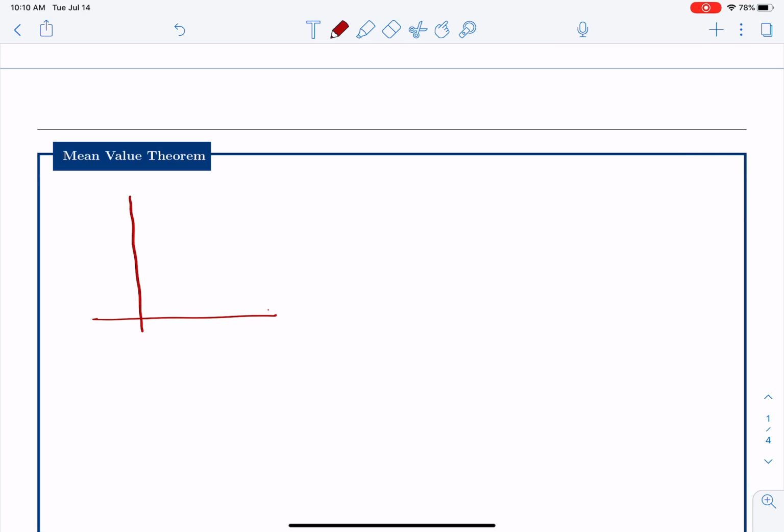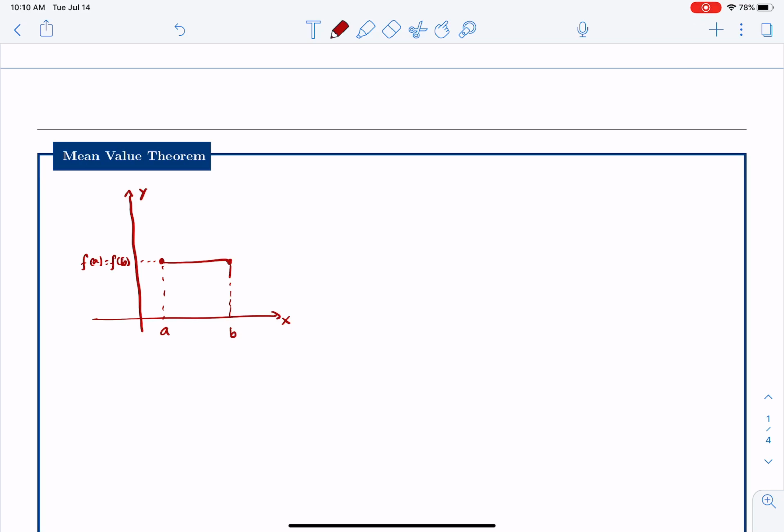So case 1, let's say you have a continuous function between a and b that is constant. So f of a clearly is equal to f of b.